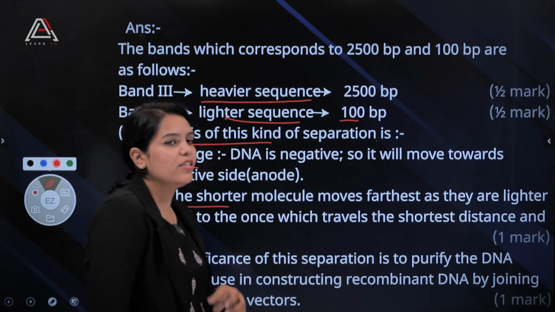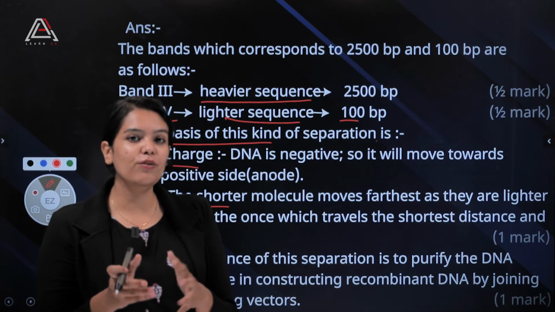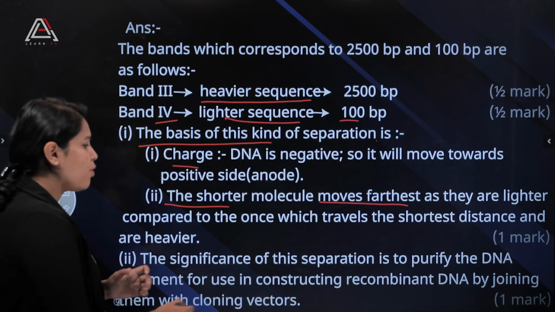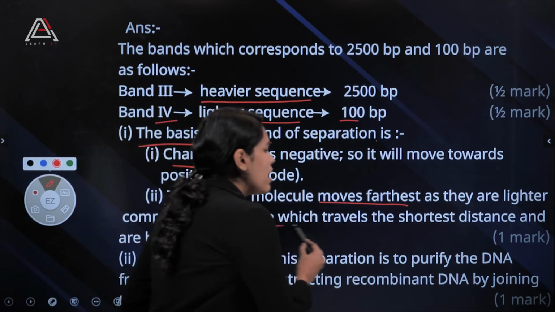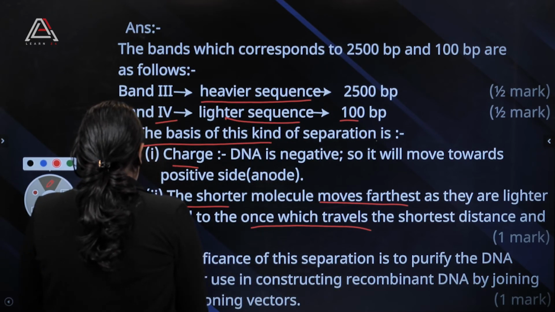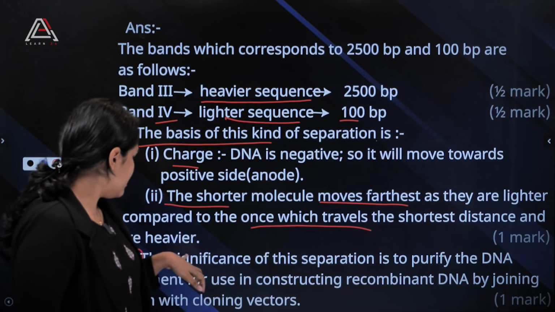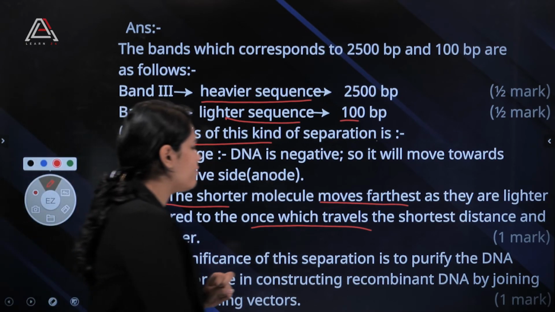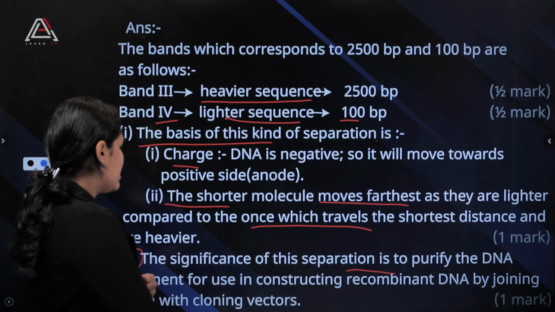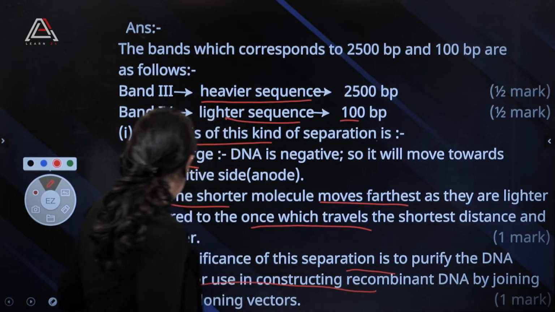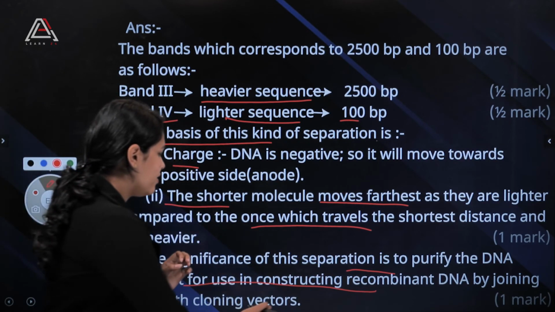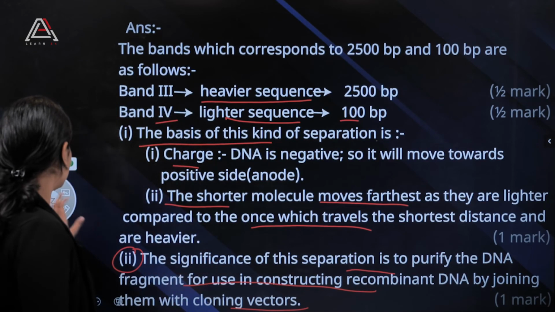And according to size, the shorter, lighter molecule will move the farthest, and the one which travels the least distance is the heavier molecule, right? The second part is the significance of this separation, which is basically to purify the DNA fragment for its construction in the cloning vector, right? Perfect answer. Clear? Let's move on.